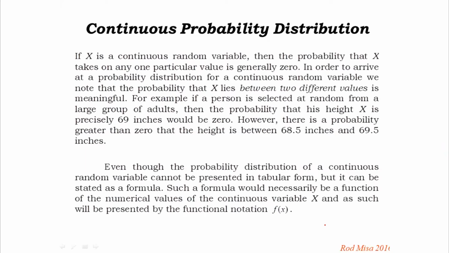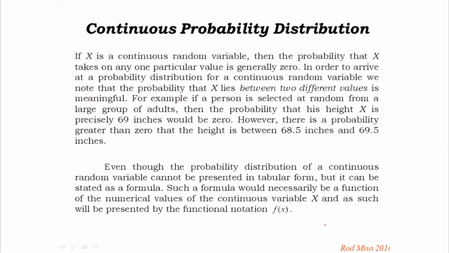The probability distribution of a continuous random variable cannot be presented in tabular form because in a continuous random variable there are uncountably infinite elements in our sample space. But this can be stated as a formula.